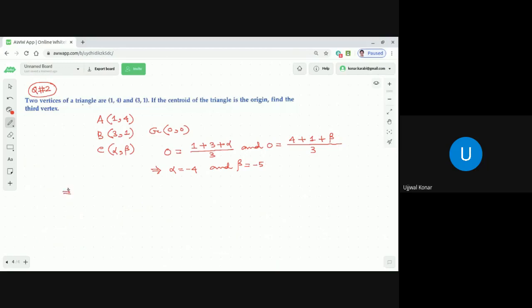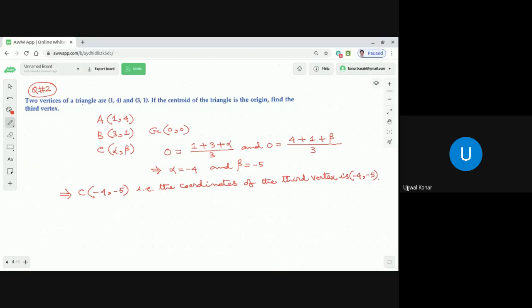So this implies C is (-4, -5). That is the coordinates of the third vertex: (-4, -5).